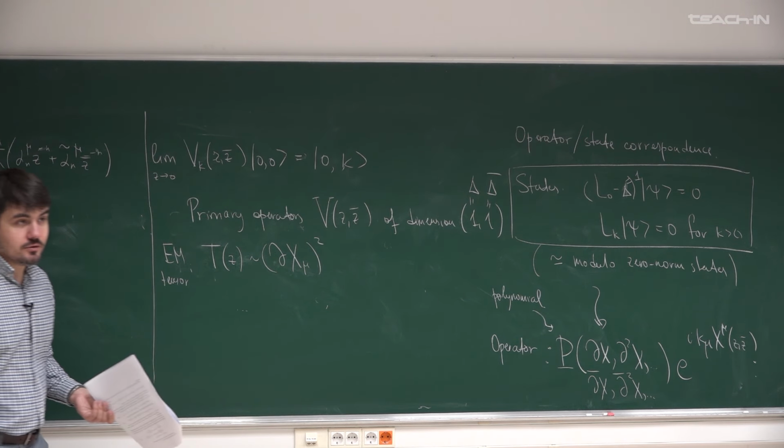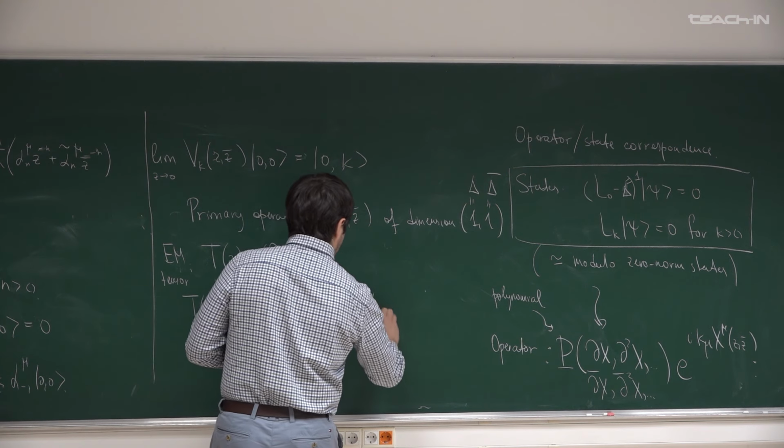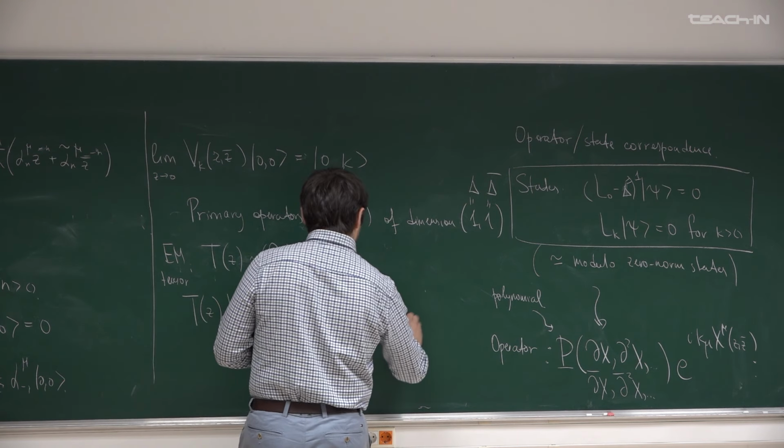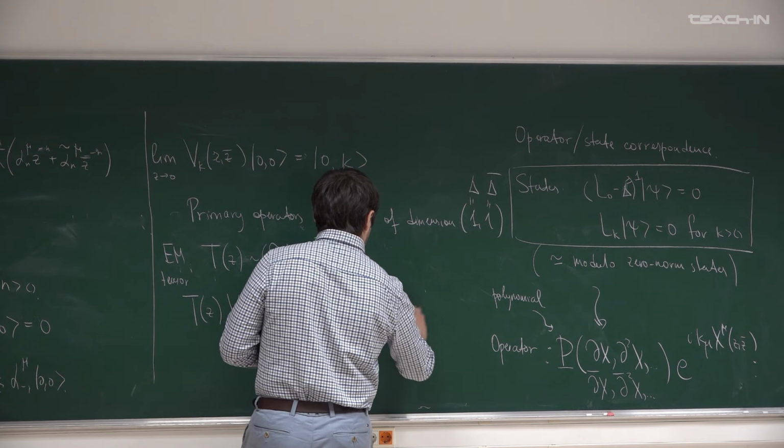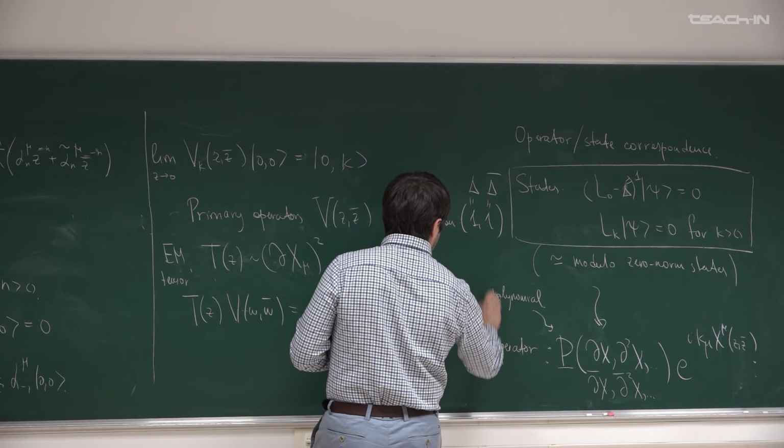So T of z times V of w, w bar is the dimension over z minus w squared times V of w, w bar, plus 1 over z minus w dV, plus regular terms.